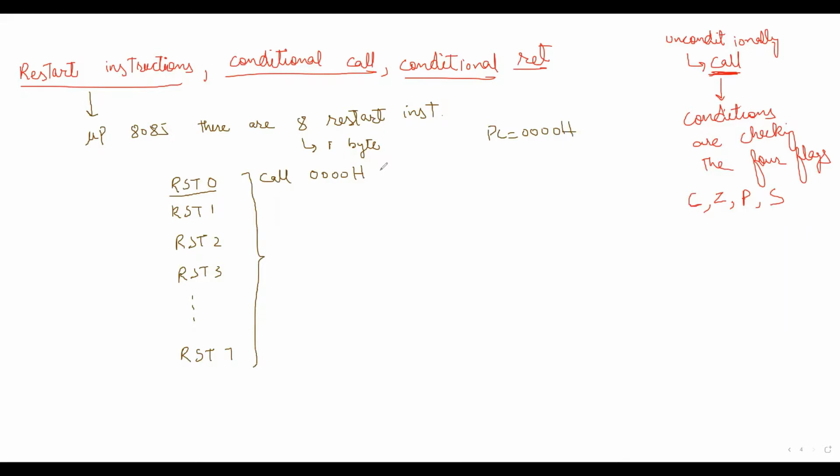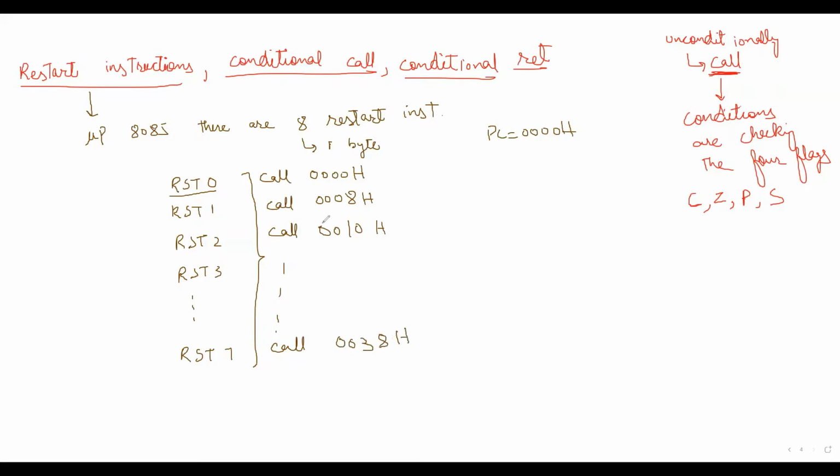We don't care for now; we will see what is at that address and why we use these restart instructions. Likewise, RST1 calls 0008H. RST2 calls 0010H, a difference of 8. And likewise, at the end, RST7 calls 0038H.